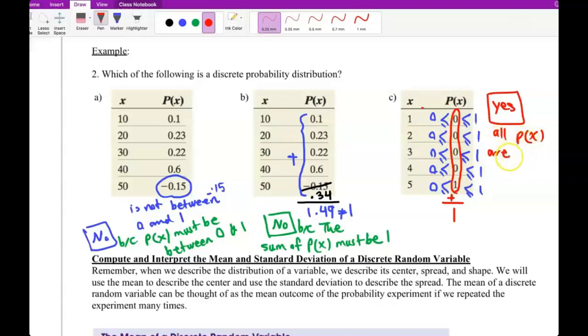So all the probabilities of the variable x are between 0 and 1, and also adding them is equal to 1.